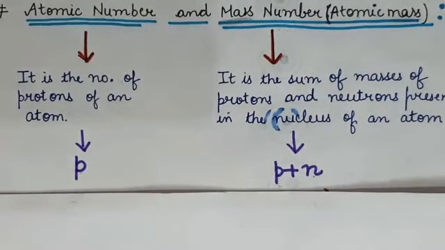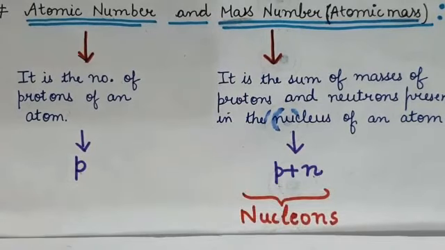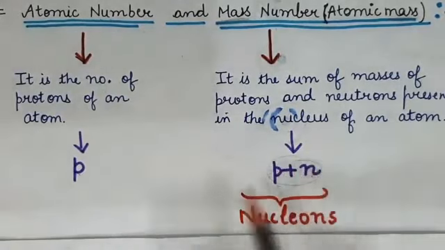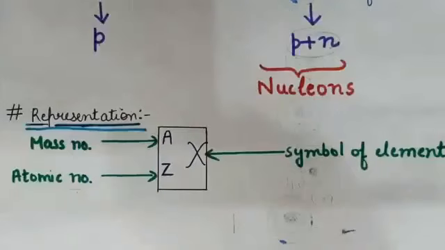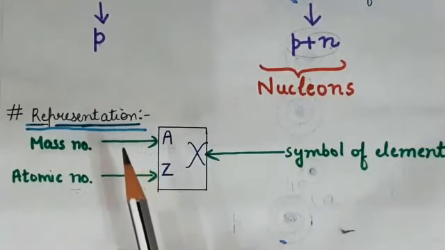And students, one more thing. Protons and neutrons, they are collectively called nucleons. Okay, this is a name given to protons and neutrons collectively. Now, how to represent any element?